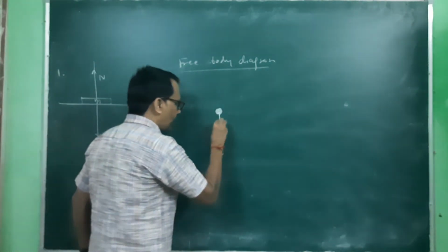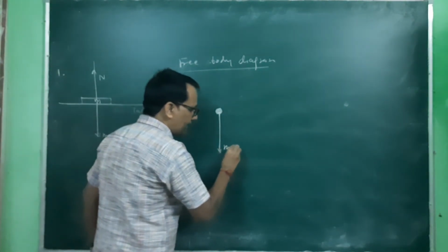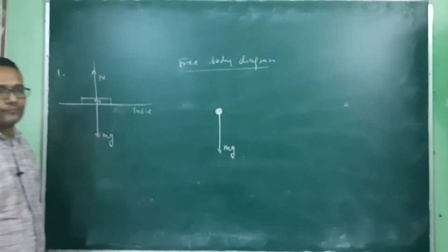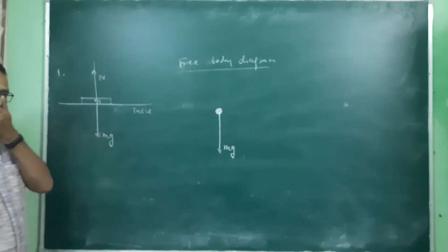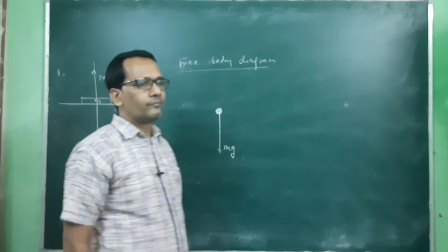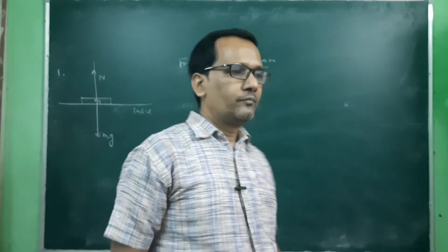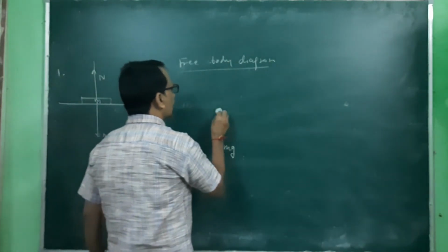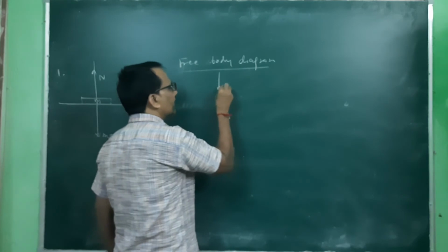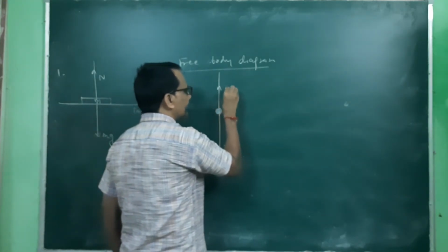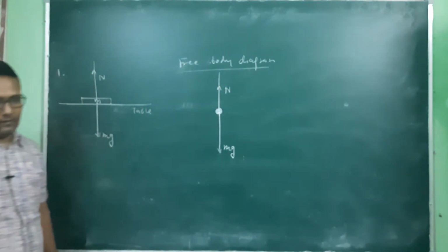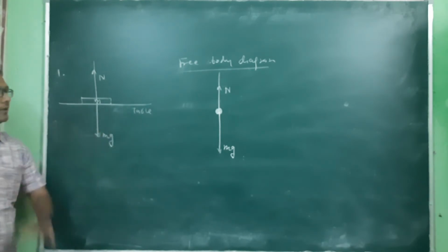So this is one force applied, this is mg. Second is N, the normal force, or R. This is the free body diagram.